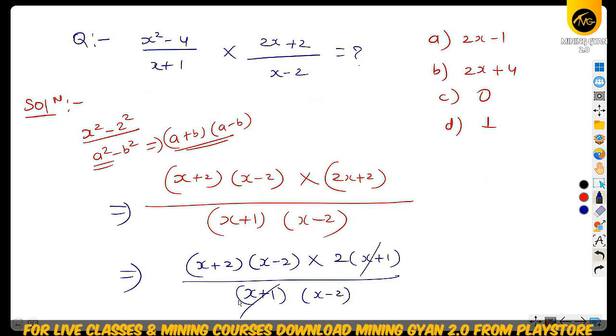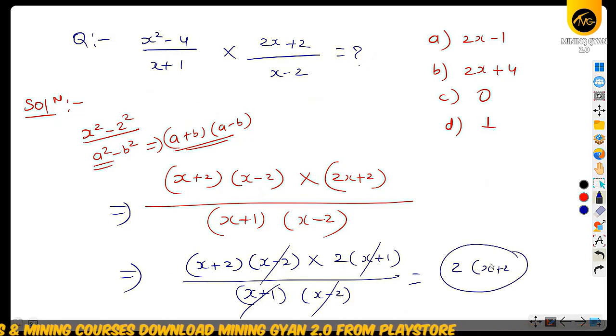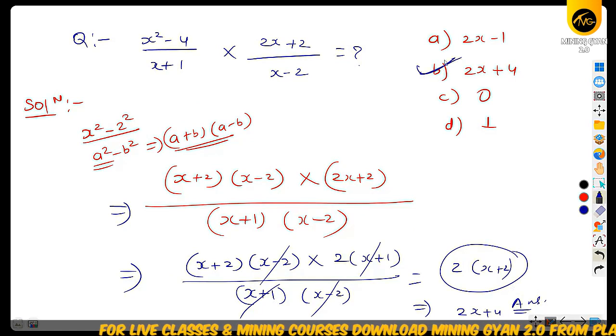Now we have 2 into (x plus 2), right? If the options are not available, we can again multiply 2 into (x plus 2), so 2x plus 4, correct? So the answer will be option B, 2x plus 4. Okay.